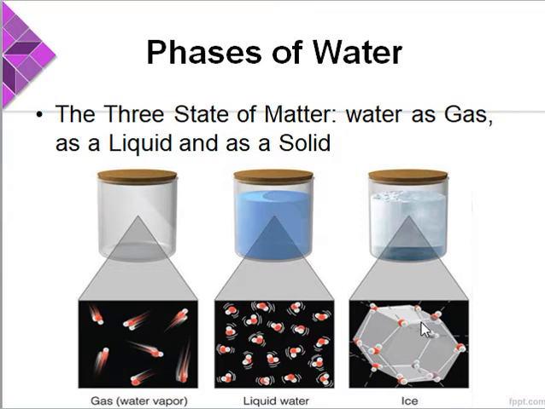The molecule changes from an ice molecule directly into a vapor molecule without passing through the liquid state. This ice to vapor phase change is called sublimation.